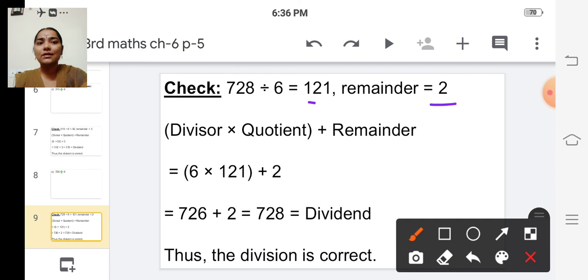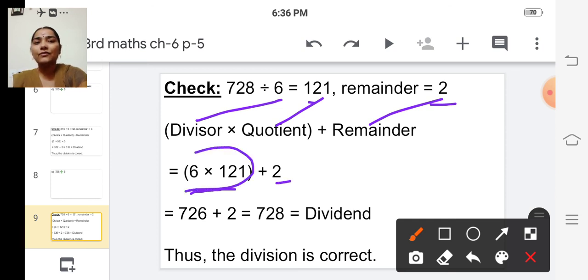So divisor into quotient plus remainder, we have to get the answer as the dividend, isn't it? So here the divisor is 6, quotient is 121 and remainder is 2. So 6 into 121 plus 2.